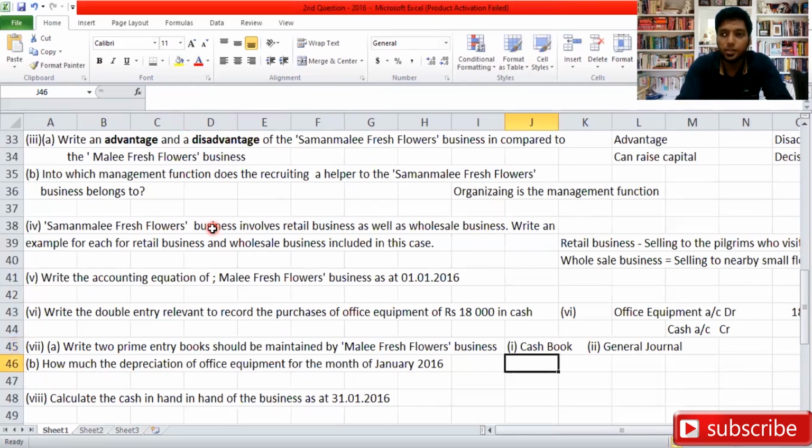Because there are certain transactions you can't record in the others, like a depreciation transaction. You can't record it under the cash book, sales journal, return inward, return outward, or purchase journal, so you need a different journal, and you will record it under the general journal. Then we have the depreciation of office equipment for the month of January 2016. So they're asking only for 1 month. Let's move on to the question.